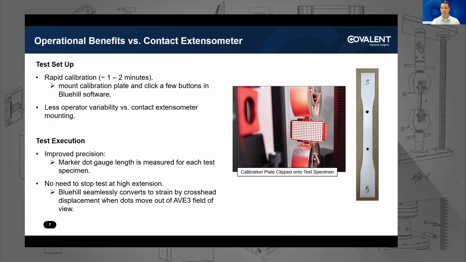There's nothing that has to be removed. With the Blue Hill software, if you have a very high extension sample, you can get to the point where those marker dots get beyond the field of view of the camera. When that happens, the Blue Hill software very seamlessly converts to using crosshead displacement as the basis for the strain signal. And I've been very impressed with how seamlessly that happens.